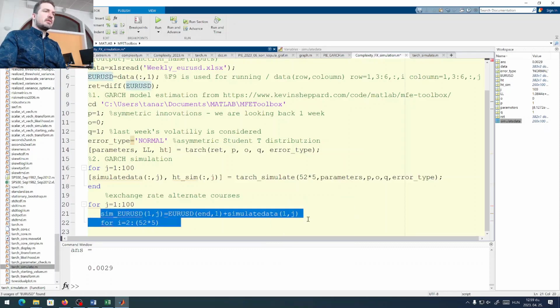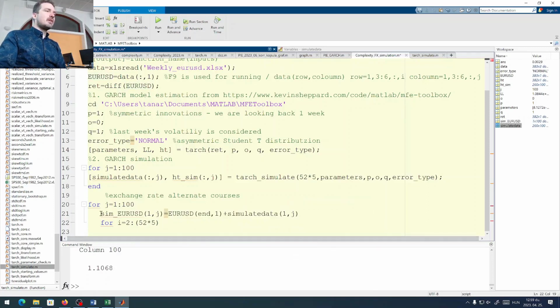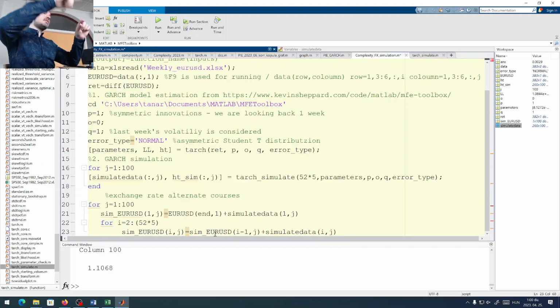So this will be the first simulated output for the first week, and after that we just have to add the additional things to that one. So on each day I, which starts at second, we will just add the previous day's value, I minus 1, plus the same simulated days thing, and practically it will just build up itself.